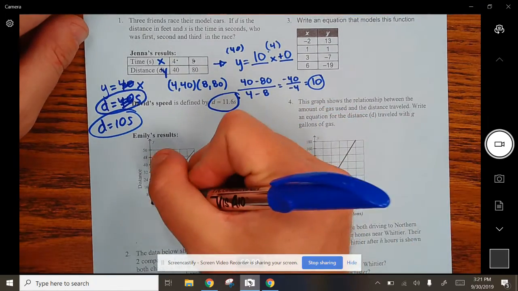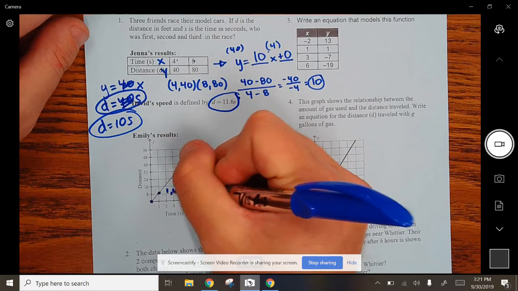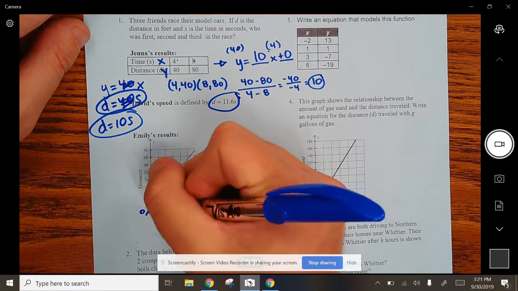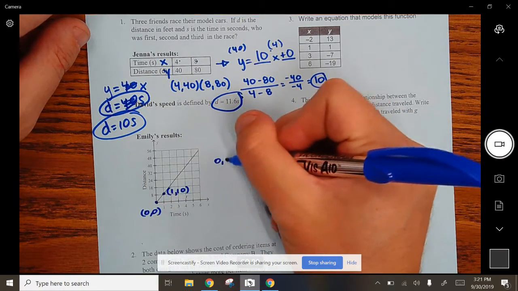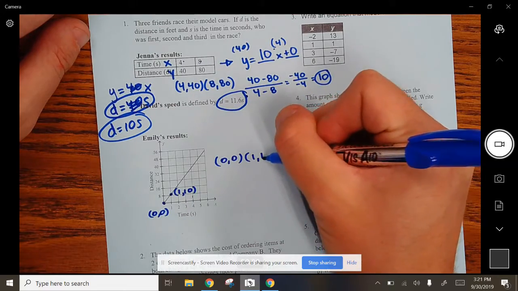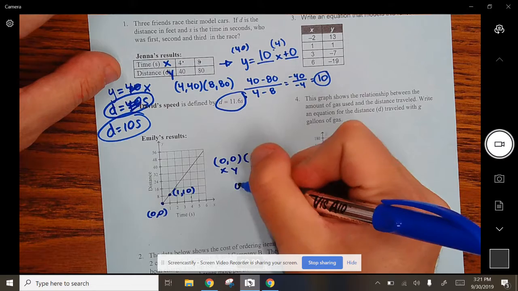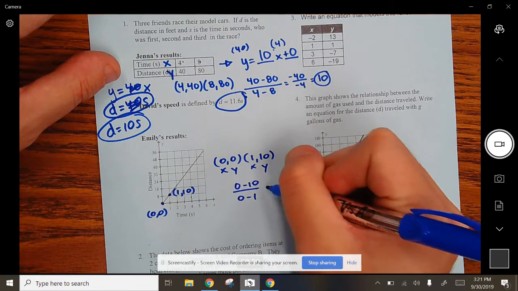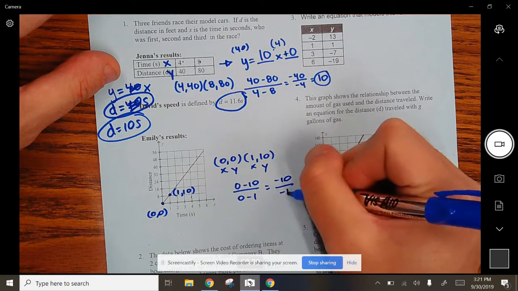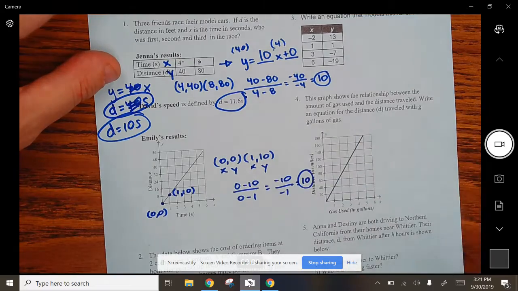And this last one, I told you to use 1, 10 as that point and 0, 0, and also give me another equation. So if you used 1, 10 and 0, 0, you got 0 minus 10 over 0 minus 1, negative 10 over negative 1. Well, this looks familiar. It's going to be 10 as well.